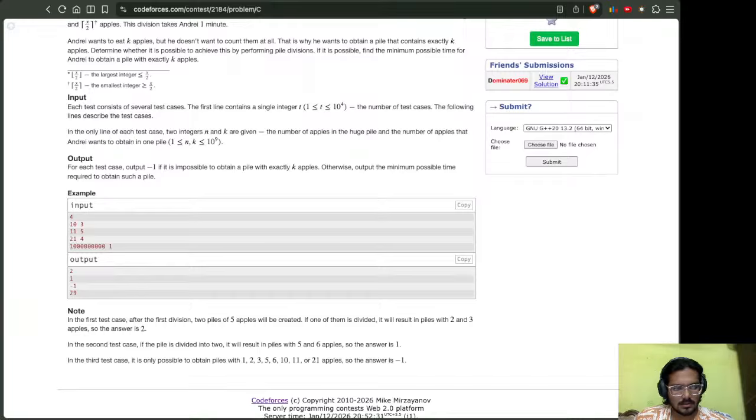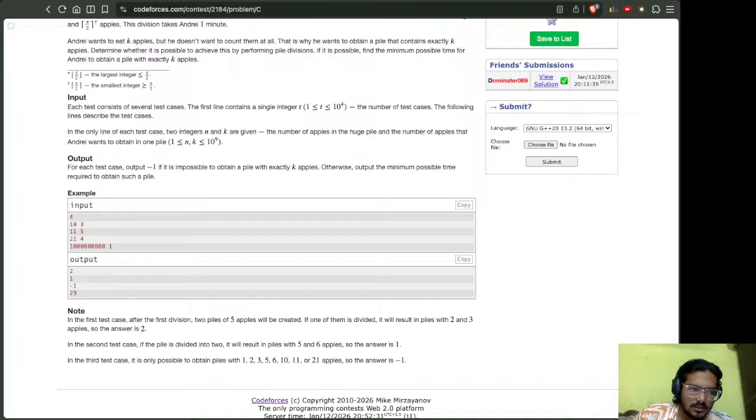So the answer is 2. Is this binary search or something?